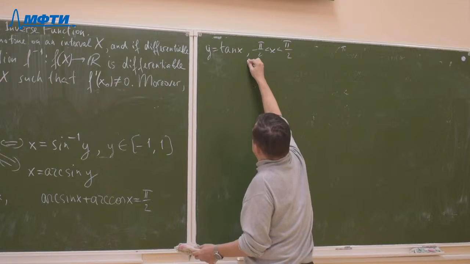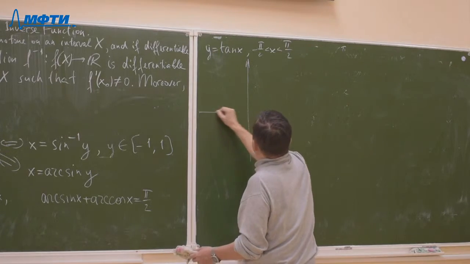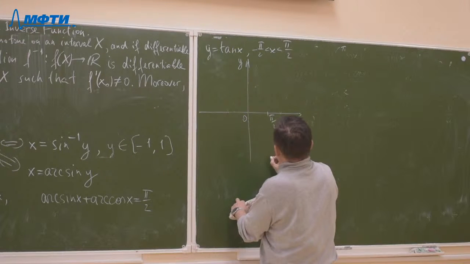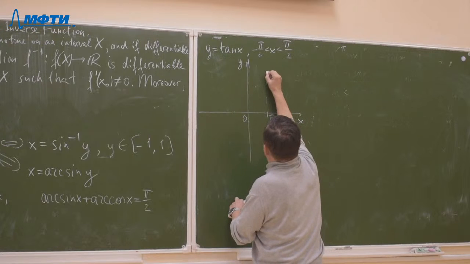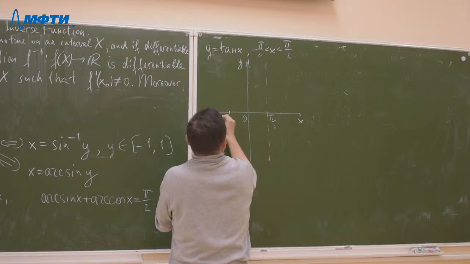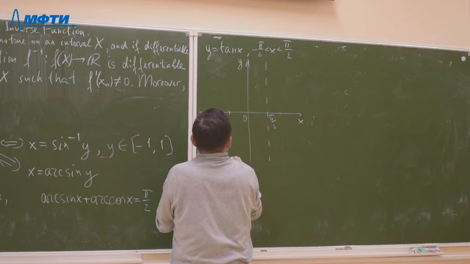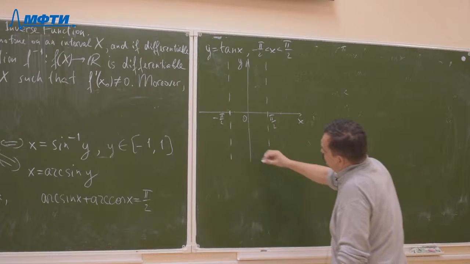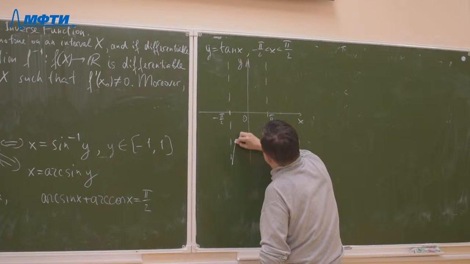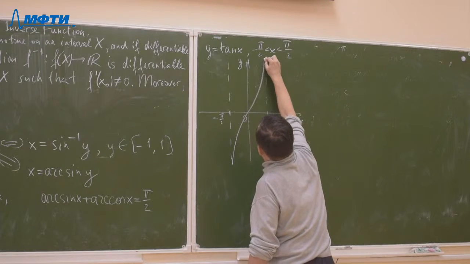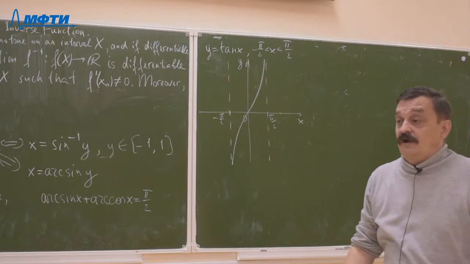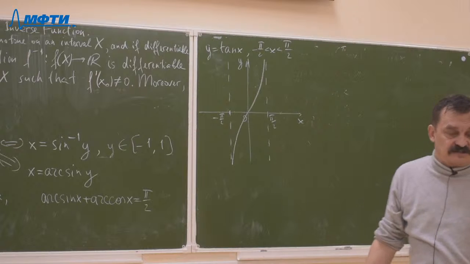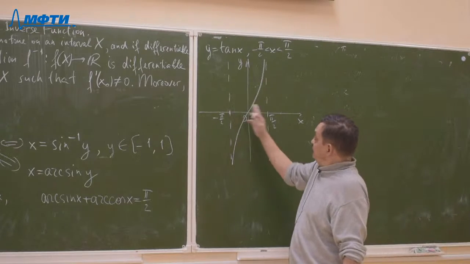The graph of y equals tan x is strictly increasing on an interval.